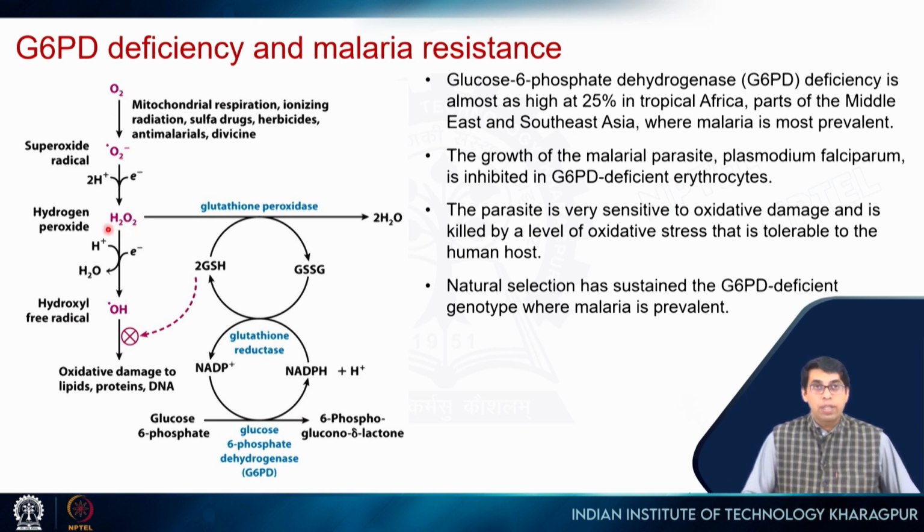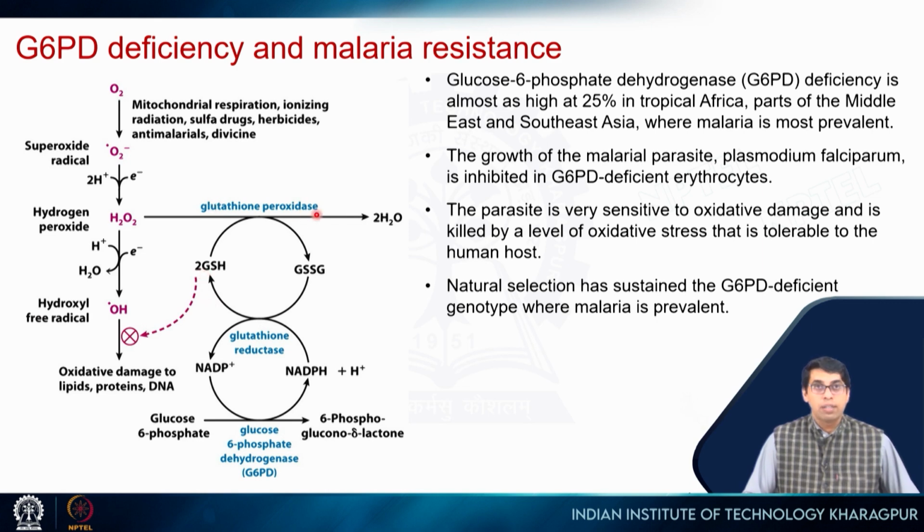The moment you produce hydrogen peroxide or the superoxide, these molecules are quickly neutralized by glutathione peroxidase. So, they are neutralized by glutathione. Okay. So, glutathione itself gets oxidized and they will reduce these molecules, right. And then glutathione is regenerated.